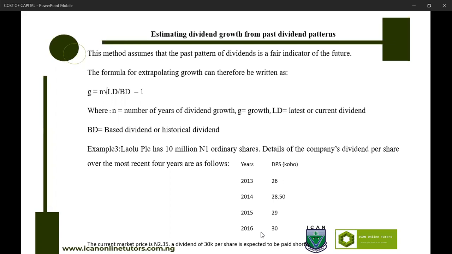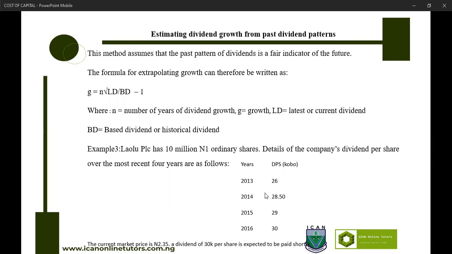But if the dividend is not given in a series of years as in this particular illustration, if it is given in the form of number of years, that the dividend for the past 3 years was so many kobo, there is no need to minus 1 in that type of illustration. But if the dividend is given as year 1, 2, 3, 4, 5, that is where you need to minus 1 from your number of years.